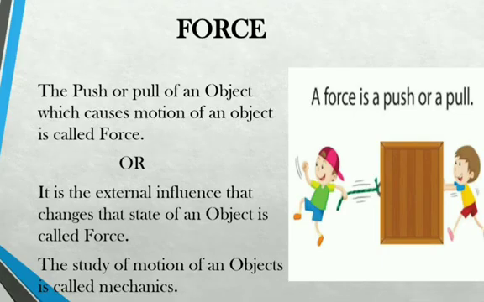You can also define force as an external influence that changes the state of an object. State of an object means stationary objects may move or moving objects may come to rest, or the dimension of an object changes, that is the size and shape of an object changes, or the direction of an object changes.